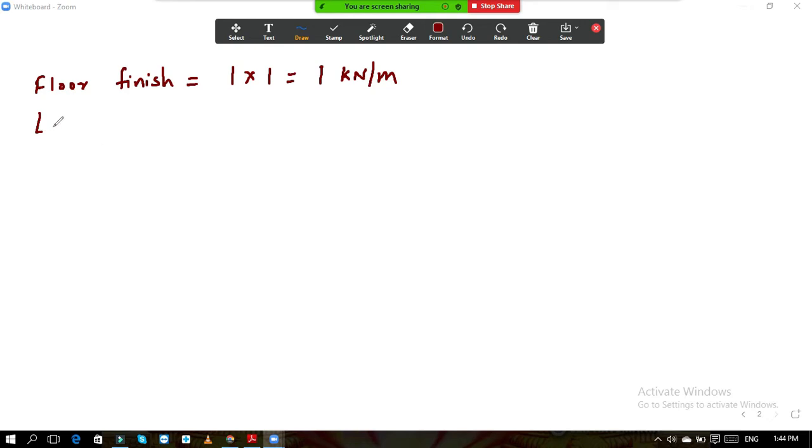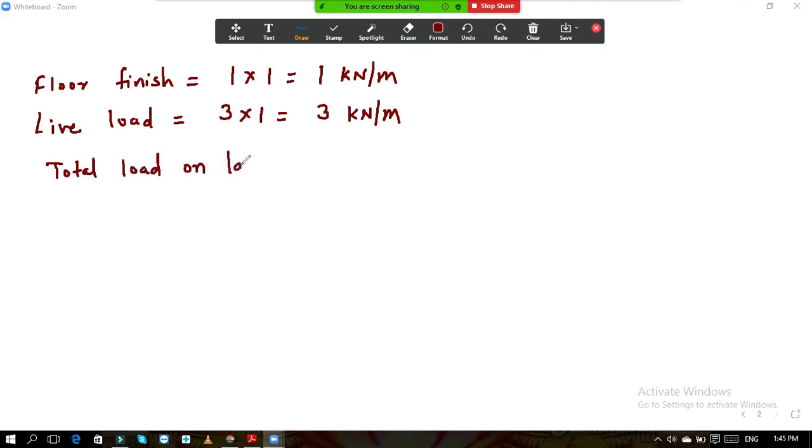Live load on landing slab is 3 kilonewton per meter square, it is given. So it is 3 kilonewton per meter. Now total load on landing slab.